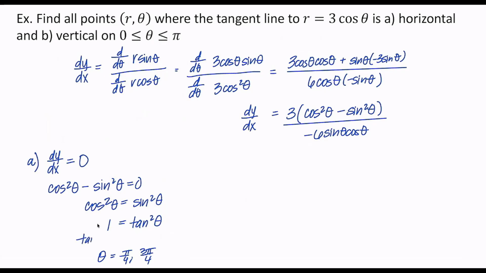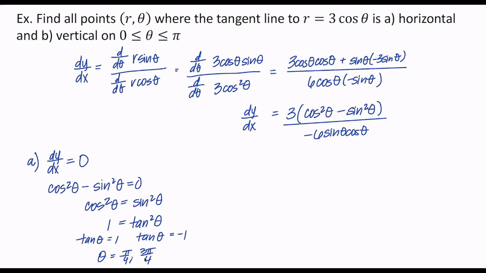So I'm solving tangent θ equals 1 and tangent θ equals -1. This might be easier to see: plug in π/4, you'd get 1. If you plug in 3π/4, you'd get -1. Those are the angles between 0 and π that make this true. So however you want to work that trig equation out, these are the two angles θ.